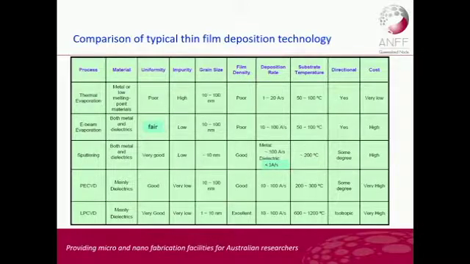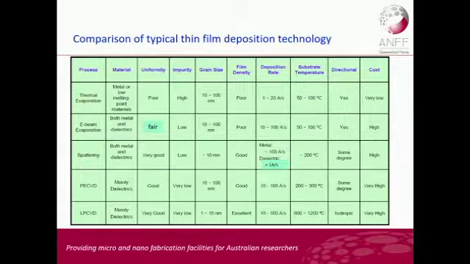So when we choose different technologies, we look at the impurity, which is very important for some research. Looking at PECVD, usually the impurity is very low, and so is the deposition rate. Sputtering usually gives you a very low sputter rate, especially for dielectric materials.